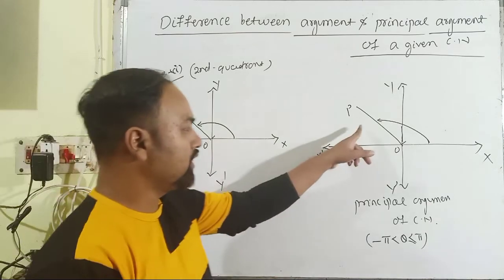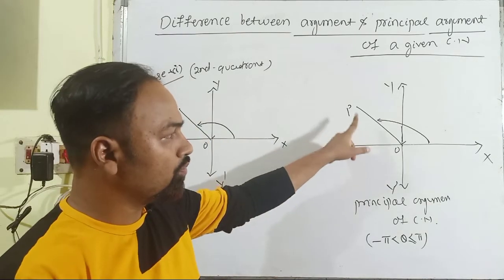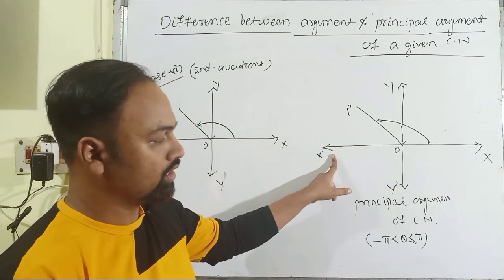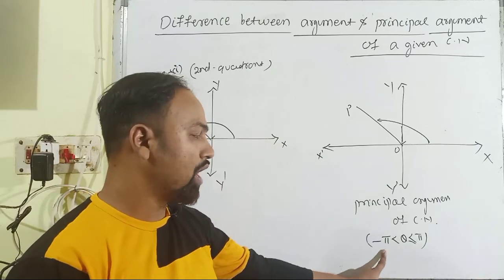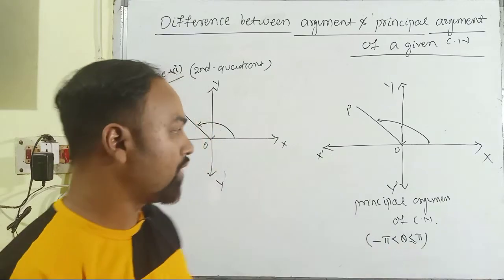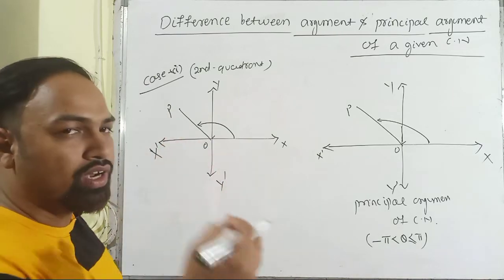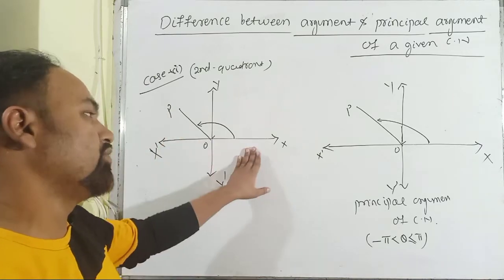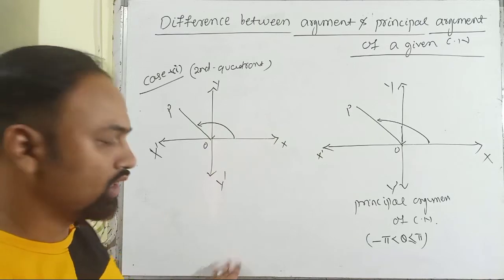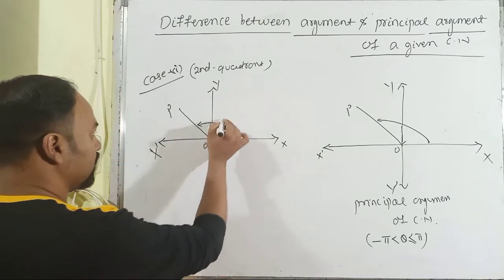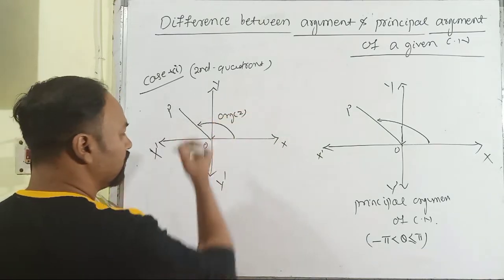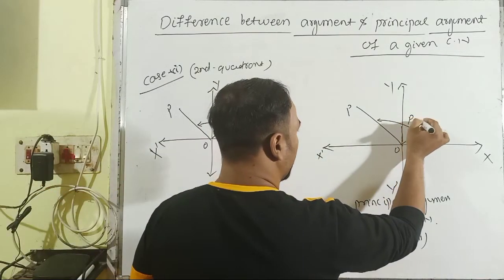Again, as it is lying in the second quadrant, it must be less than 180 degrees. That means it satisfies the condition minus pi less than theta less than or equal to pi. And here also, in the argument case, we just have to find the measure of rotation from the positive direction of the x-axis without any condition. That means here also this is the argument of z and here it is the principal argument of z.